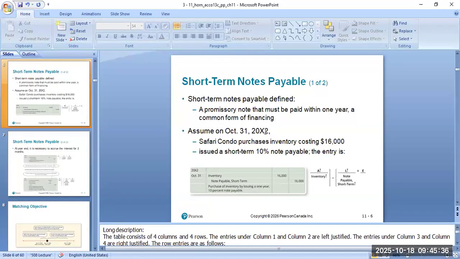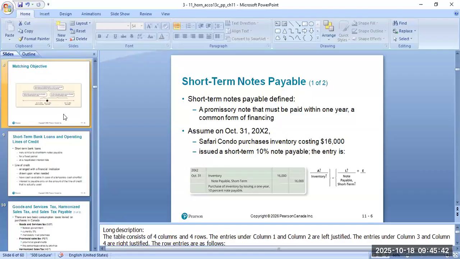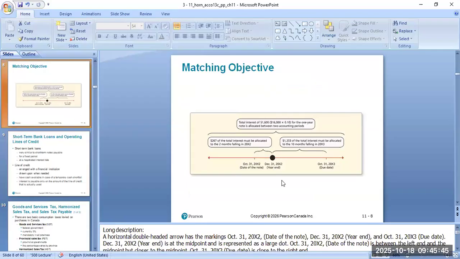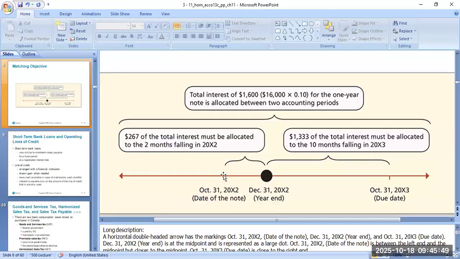On October 31st, 2002, we issue the note payable. Then we have December 31st, which is the year end of the company. And then we have another date, October 31st, 2003, when we have to pay that note payable plus the 10% interest.